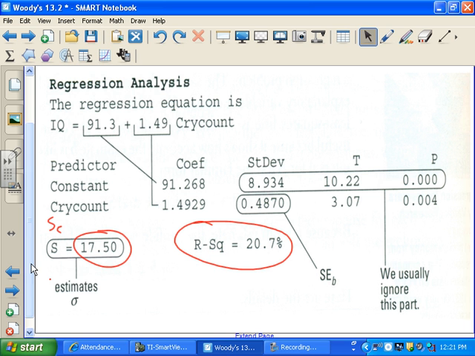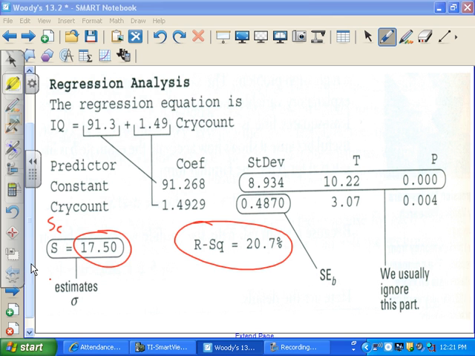This part is the new thing that we will use. We're using it for our hypothesis test today: the standard deviation of the slope. Coefficient is the number. Here's the predictor constant, that's our y-intercept. And cry count, that's our x value, that's what's changing. That's your y-intercept, and that is your slope.